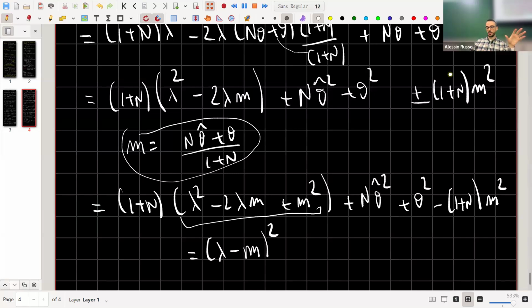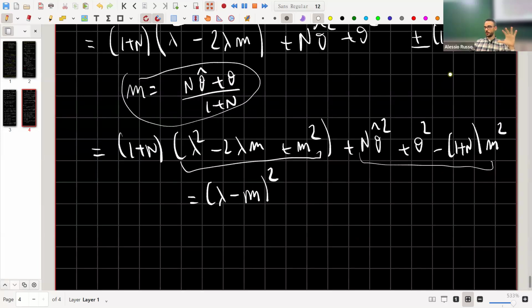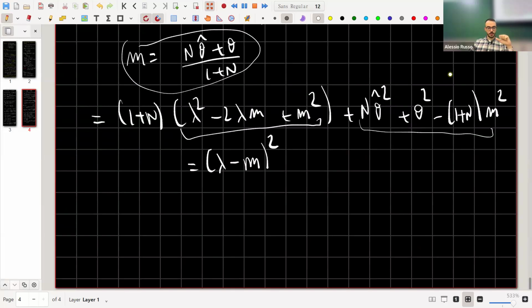Okay, this is what we wanted, because now we have lambda just here. It's a simple square. We don't have lambda appearing anywhere else. So we could move this out of the integral now. Before we do so, we can still simplify this quantity. So we are going to look at this quantity now on the right.